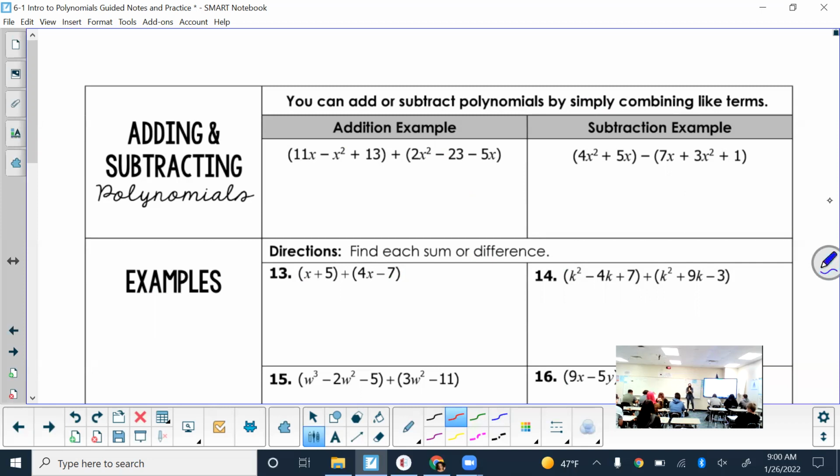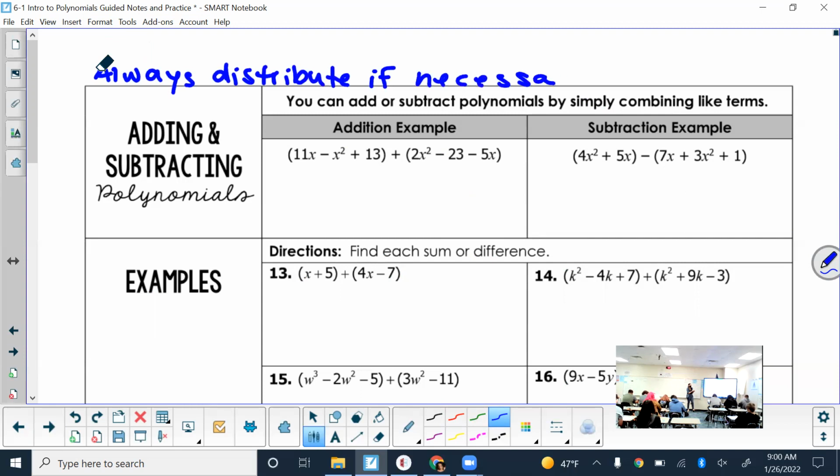But what you should always do, and write this probably somewhere toward the top, is you should always distribute if necessary. All right, always distribute if necessary. There is always a number outside parentheses, even if it's not written. What's that number? A 1. So in this example, there's a positive 1 outside the set of parentheses.